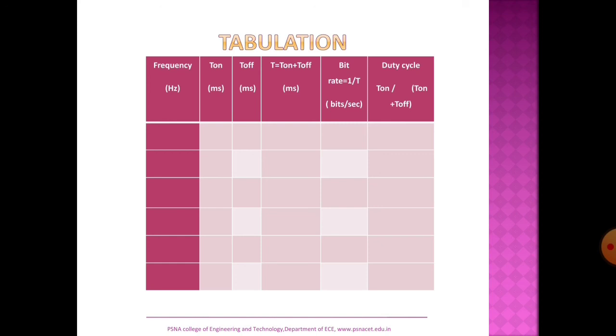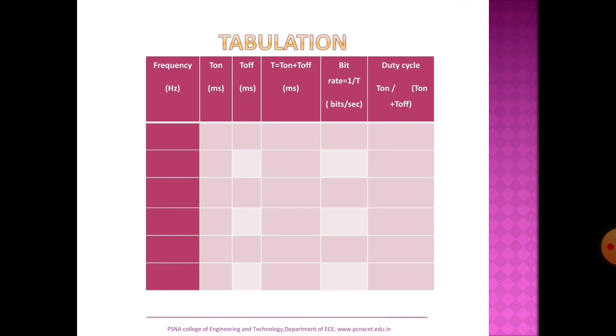What we are going to infer from this experiment is that when the frequency increases, T on and T off will decrease. If the values of T on and T off decrease, then the bit rate will increase. This is what we infer from this experiment.